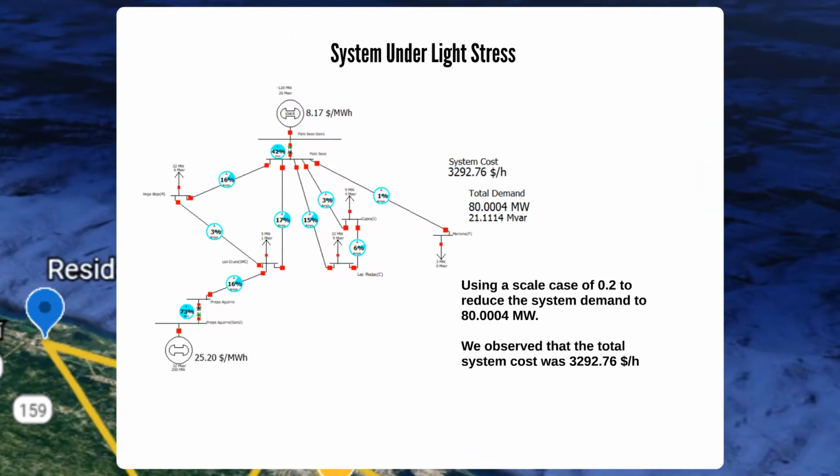In conducting the resiliency testing under light stress or light loading, we observed that the total system cost was $3,292.76 per hour. Using a scale case of 0.2, it reduced the system demand to 80.0004 megawatts.